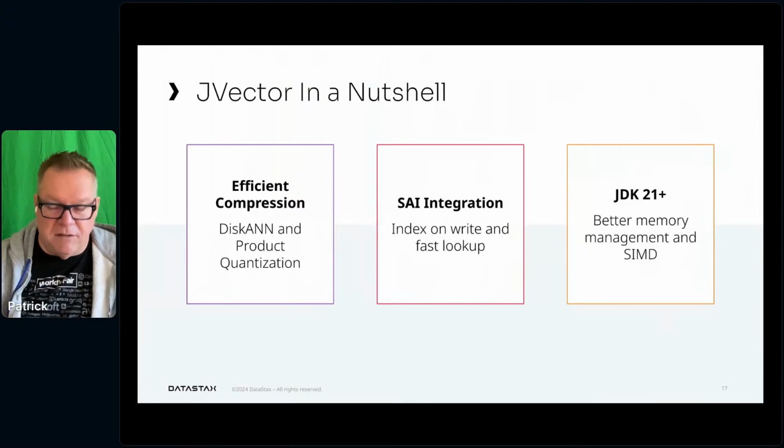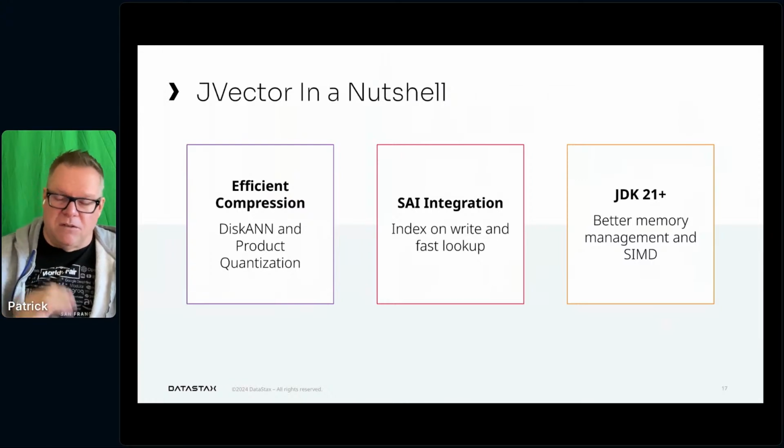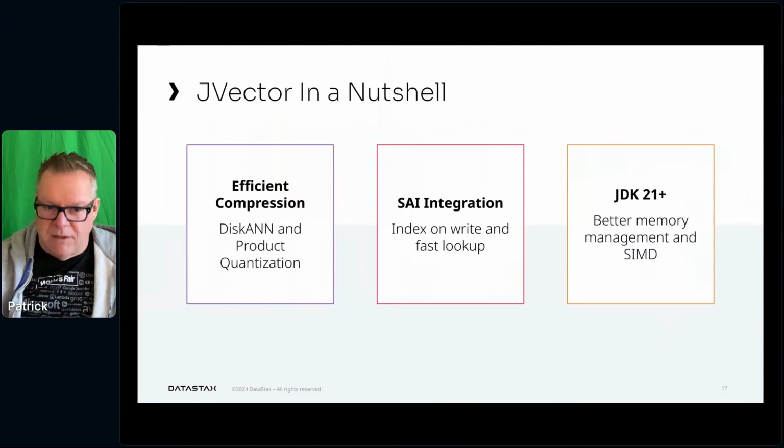GPUs love these things because it's parallel processing. The important thing for you to know as an operator is that those indexes have to get pushed into memory eventually, and that becomes a really big limitation. And when you can't shove as much into memory, you're in trouble.